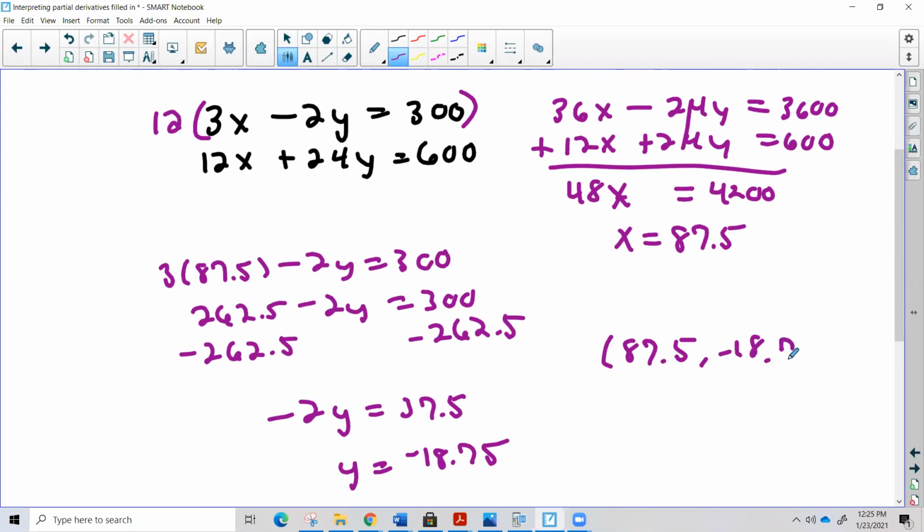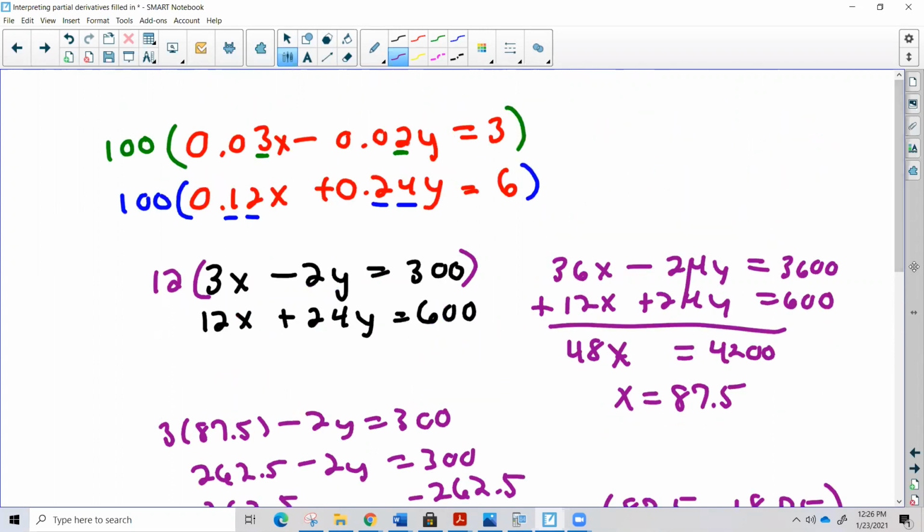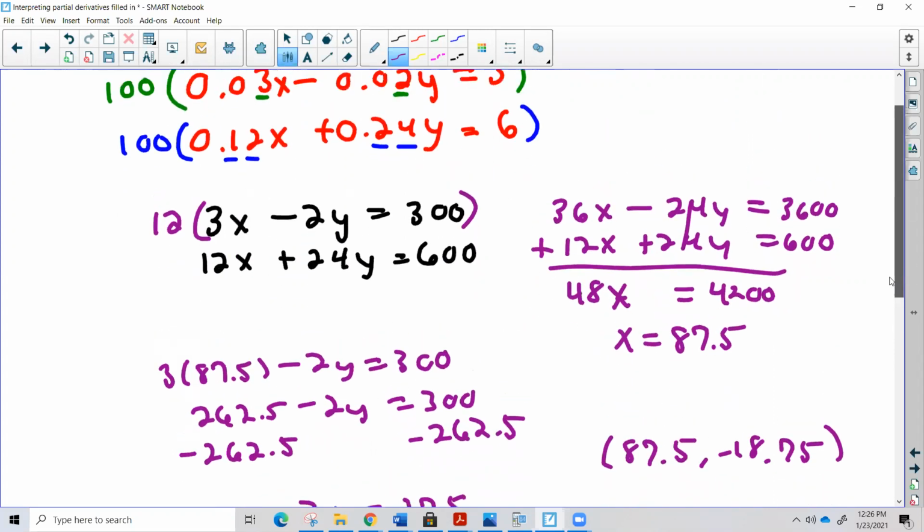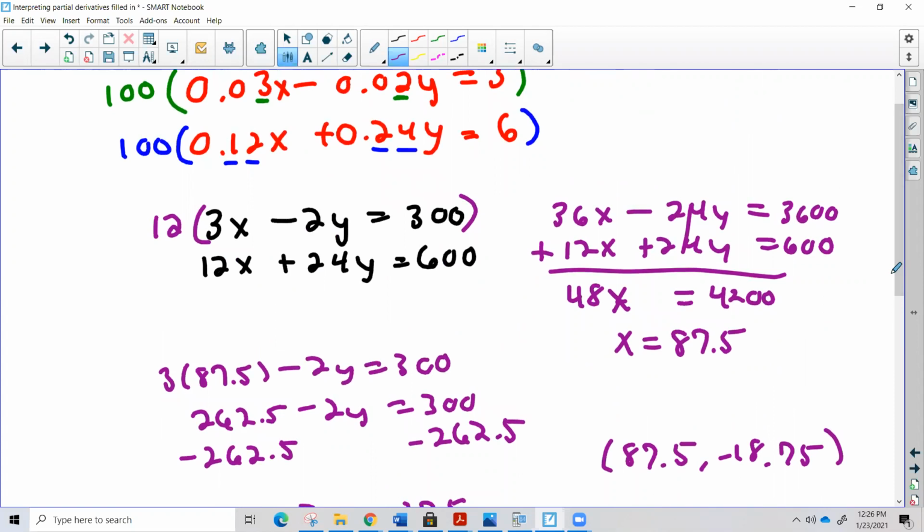And it should work that if you plugged it into these equations, it should work for both, where you would get 3 if you plug it into the first equation. You can always do that quickly to check it. So if you plug it into the first one, you do get 3. And then if you plug it into the second one, you should get 6.